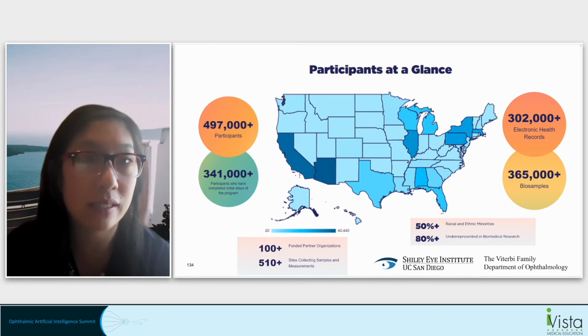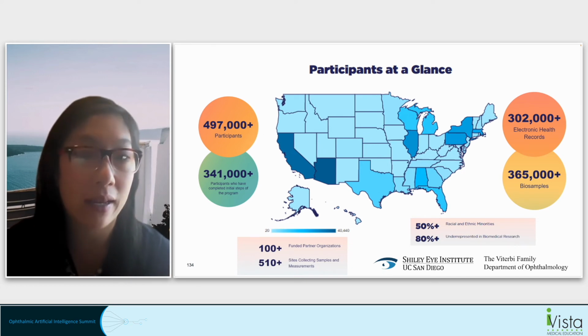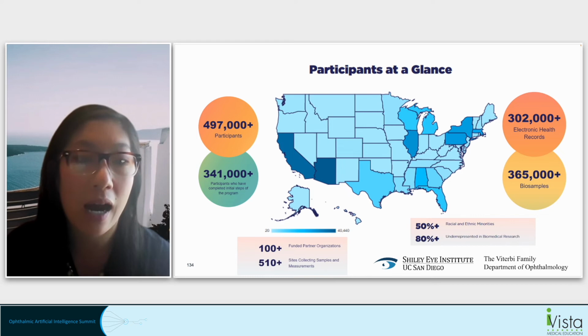Over 300,000 individuals in the program have consented to sharing their EHR data, and over 365,000 have provided biosamples. I think this part at the bottom right is the most impressive portion, that over half of the individuals in the cohort come from racial and ethnic minorities.